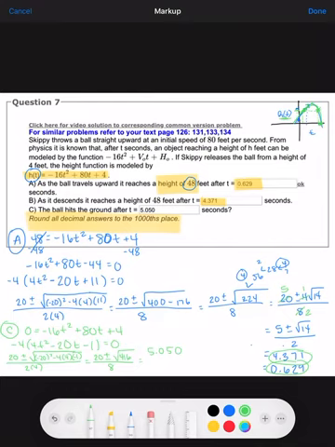And then when I do 20 minus the square root of 416 divided by 8, I get negative 0.0495, so that would be negative 0.050.